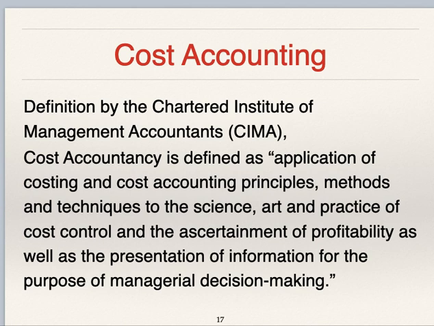So as per this definition, cost accountancy is presentation of cost information for the purpose of managerial decision making, ascertainment of profit and for cost control.